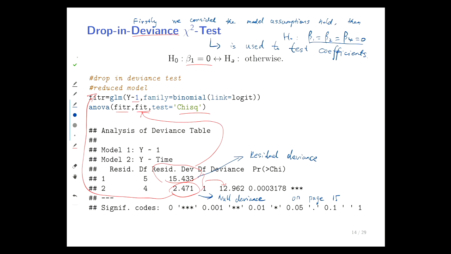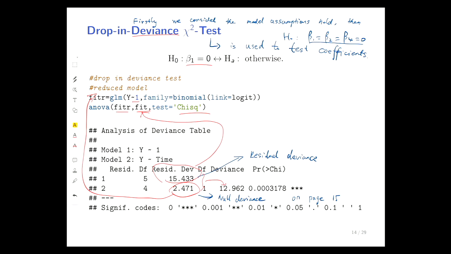Remember, all the hypothesis testing, confidence intervals, and all the inferential tools are only valid when all the assumptions are satisfied. If those assumptions are violated, if you still remember, we cannot do this hypothesis testing. So in this case, we assume the model is good, and then we consider performing this dropping deviance test.